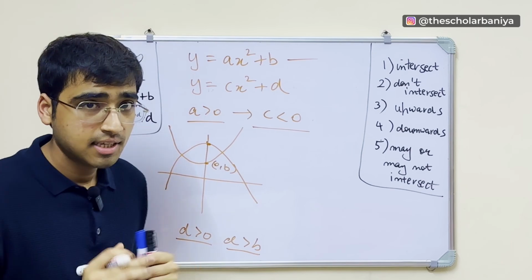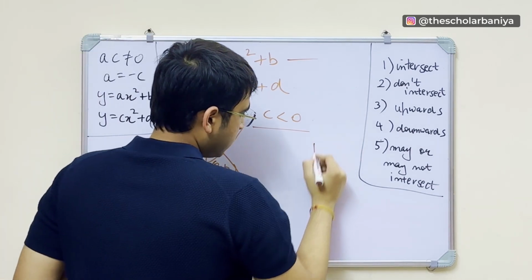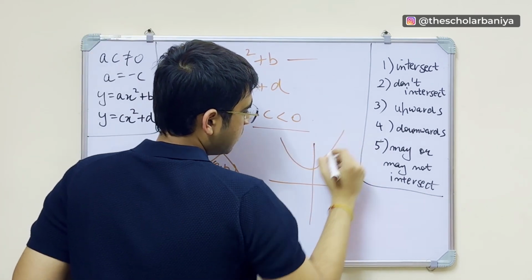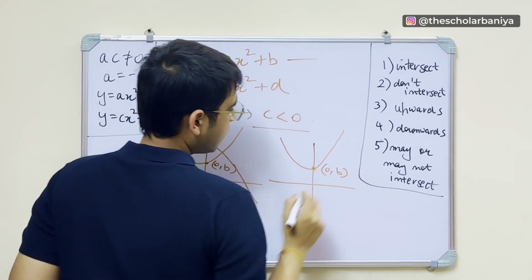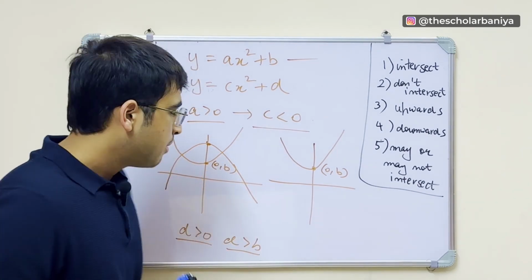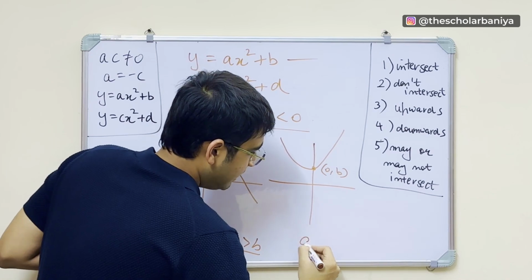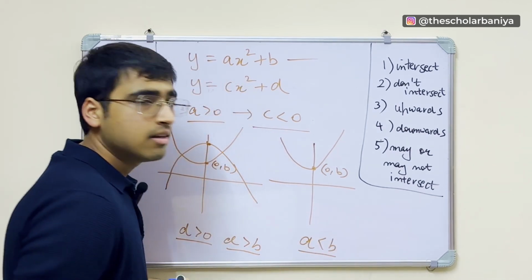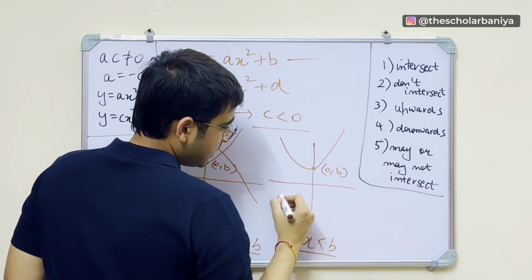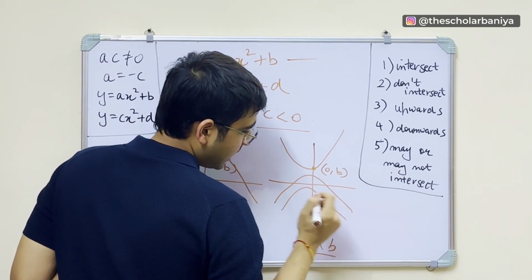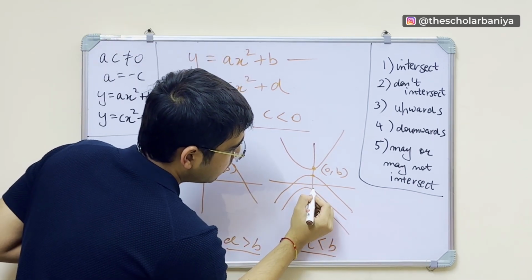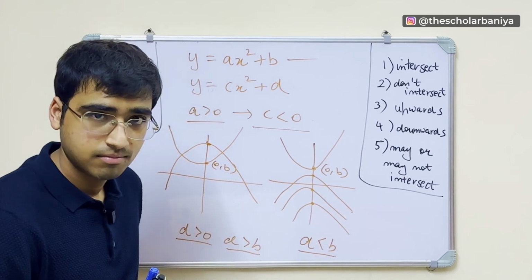So this is one possible scenario. Now the other possible scenario is that the first equation remains the same, this is 0 comma b. For the second case, the parabola will be facing downwards, but let's assume that d is less than b. Then the parabola can be something like this, or like this, because the value of d is less than b.